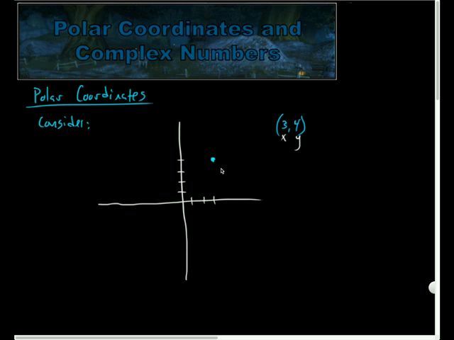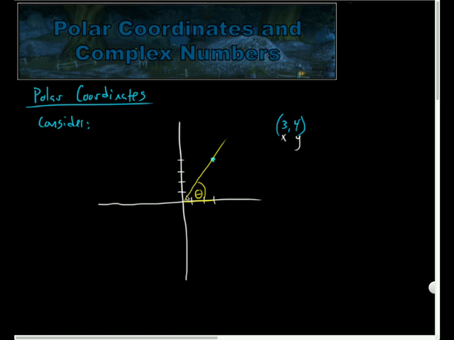In the polar coordinate system, we're going to locate the same point but using two different pieces of information. In Cartesian, this was a horizontal location and then a vertical location, whereas this time we're going to base it off of an angle measurement. So we'll use theta as our angle, typically measured off of the positive x-axis.